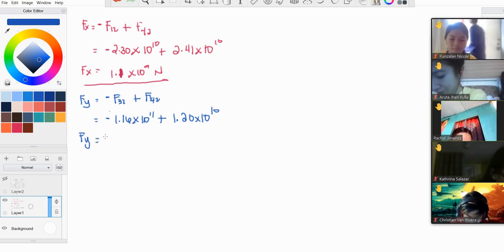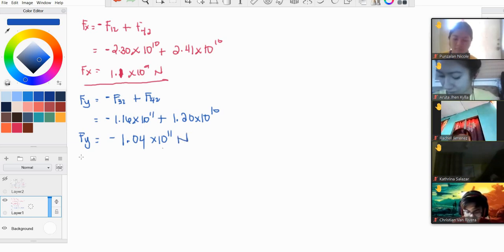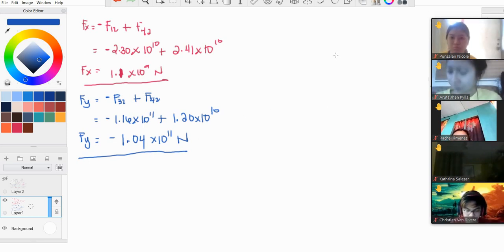Fy is equal to negative 1.04 times 10 raised to 11 po. 1.04 times 10 raised to 11. Same po nakuha? Okay.